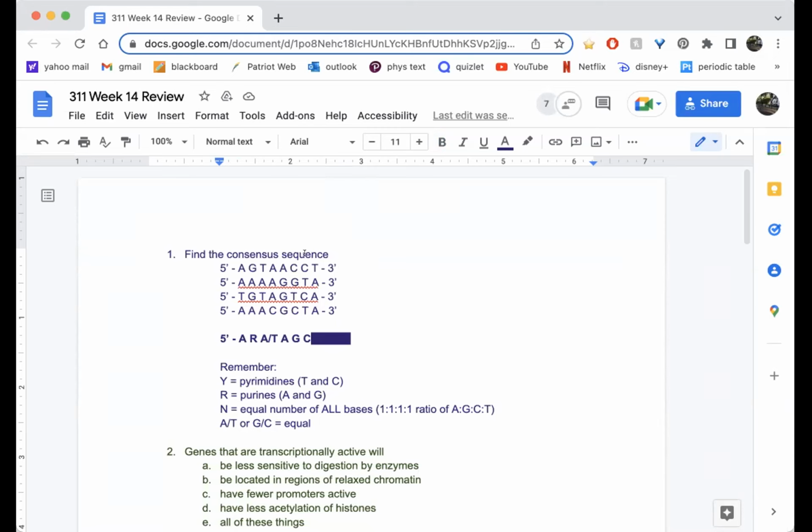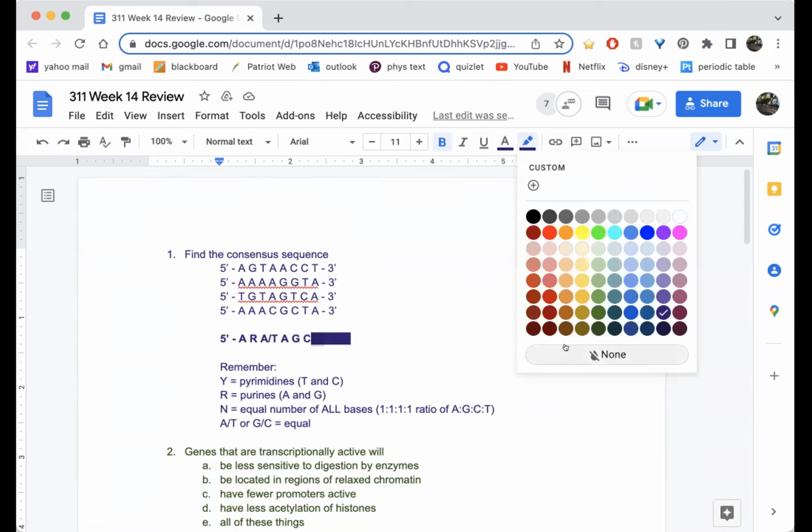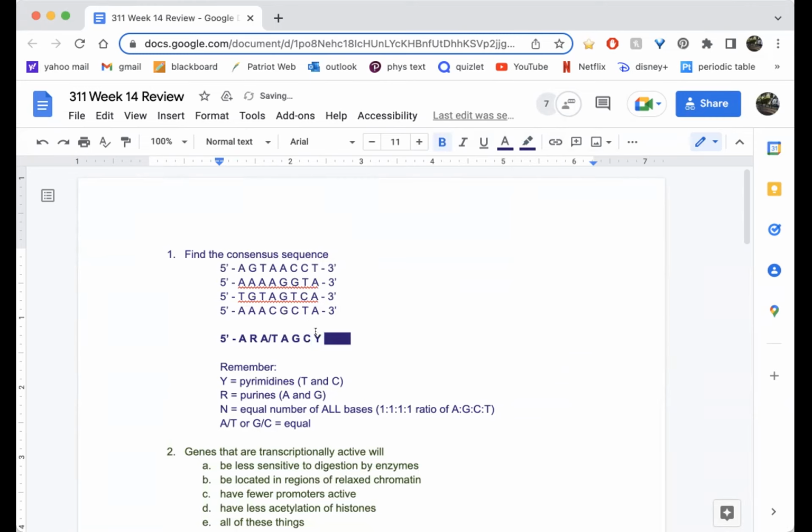And then this next one we have C, T, C, T. So what do we think that one would be? Yep. So for this one, we would put Y because C and T show up in equal amounts and they're both pyrimidines, which is down here.